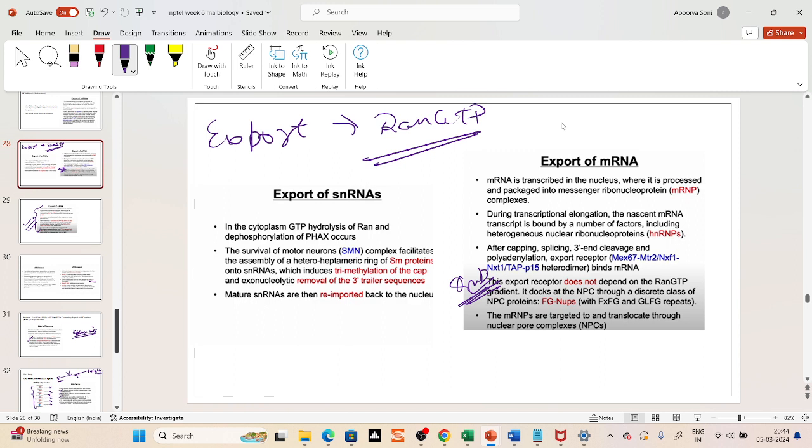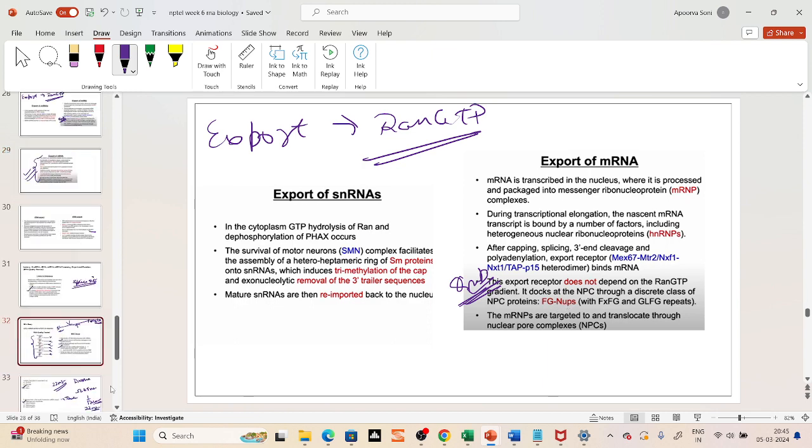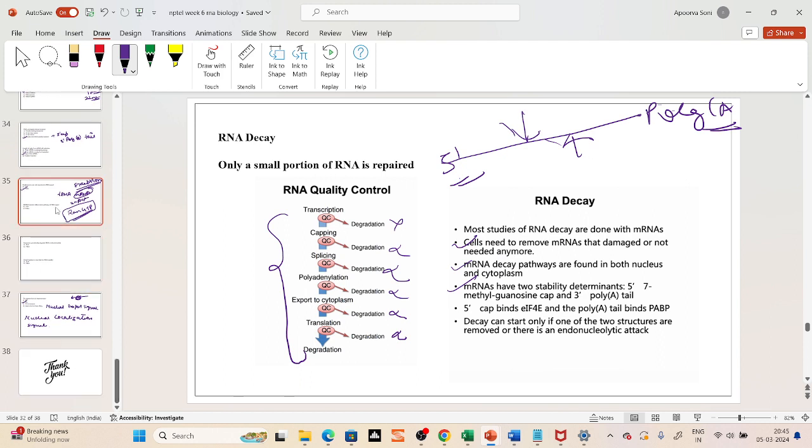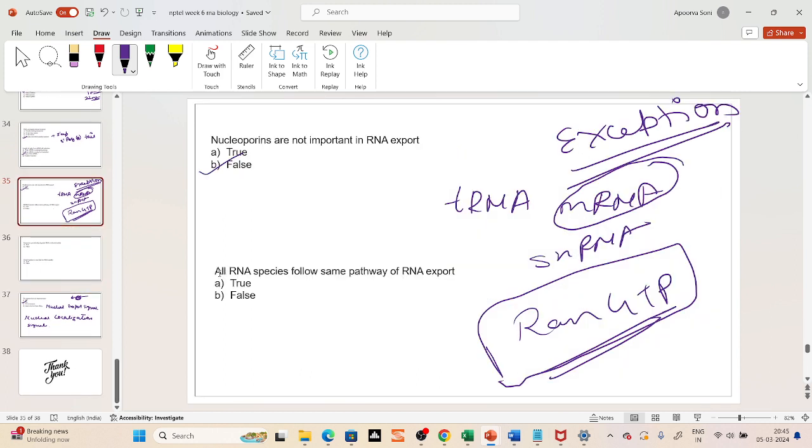But here, the receptor does not depend on RAN GTP. Otherwise, it depends on a discrete class of proteins which are known as FG NUPs. This is one difference you should always remember. So from here itself we can say that all the RNA species do not follow the same pathway for RNA export. So it is false.